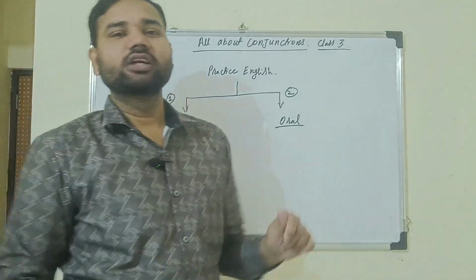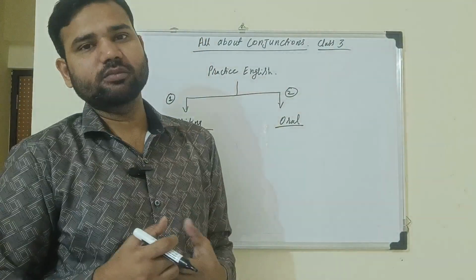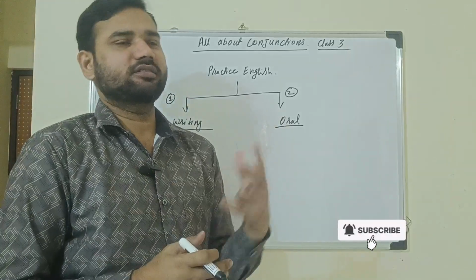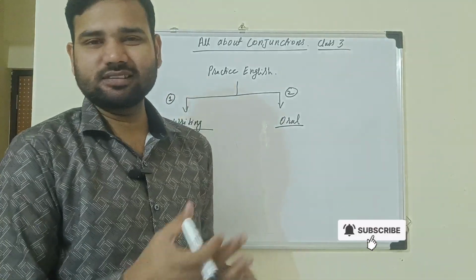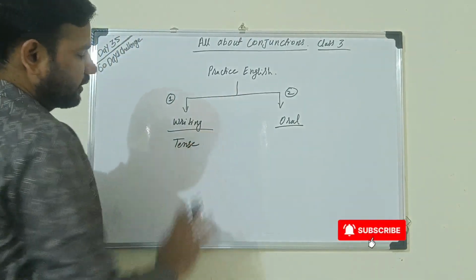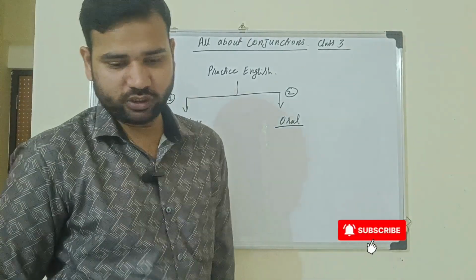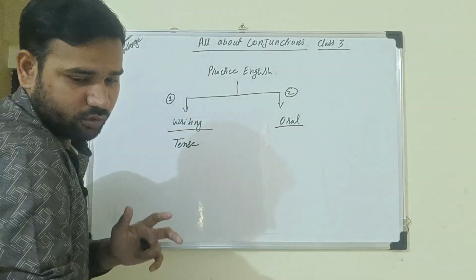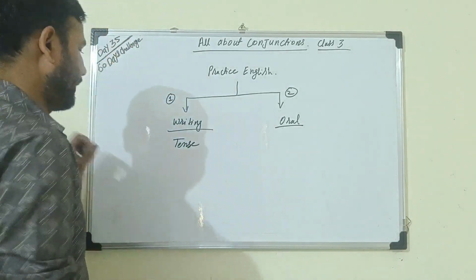Then what will happen? If you write in your diary, you will memorize it, and it will fit in your mind, that yes, we make sentences like this. So first you have to start practicing writing tenses. Then, in written practice, after tenses, second is story writing.